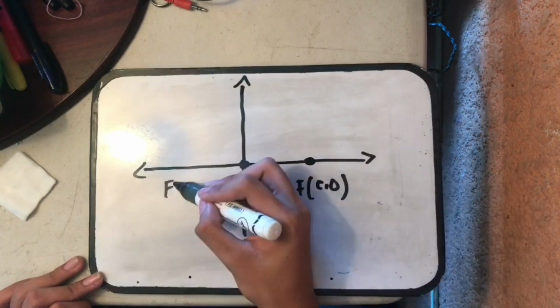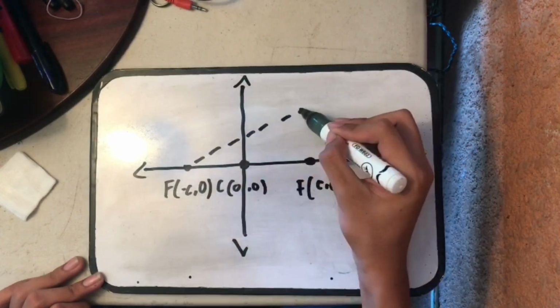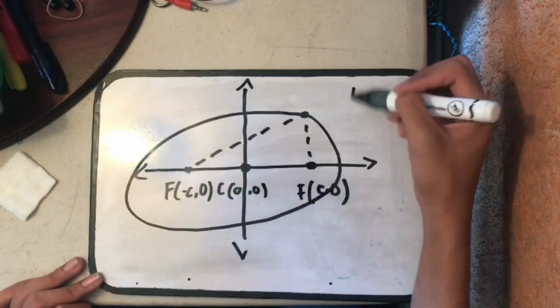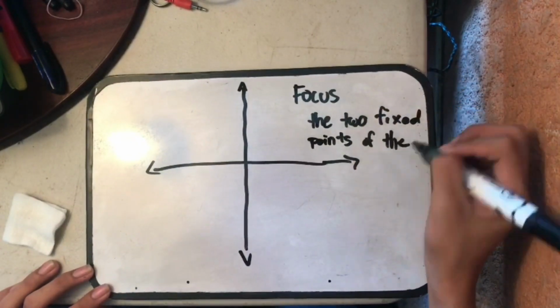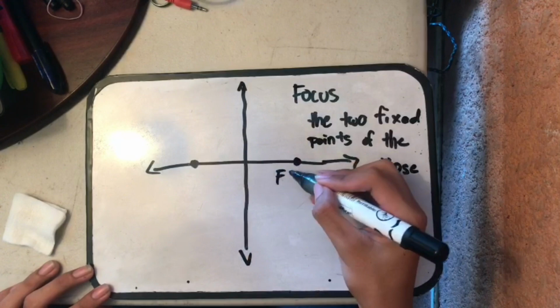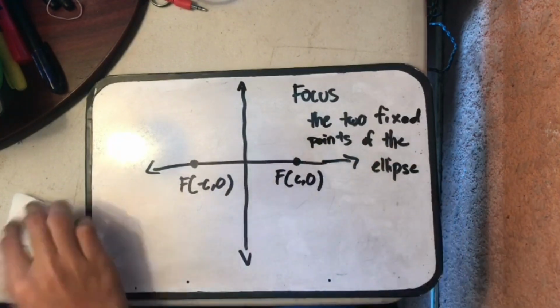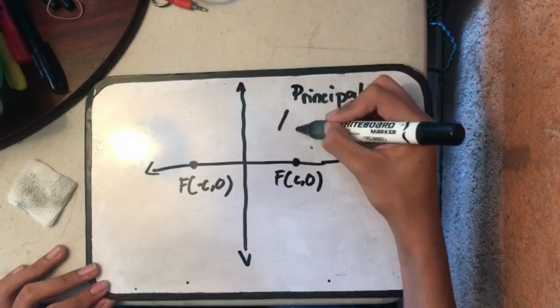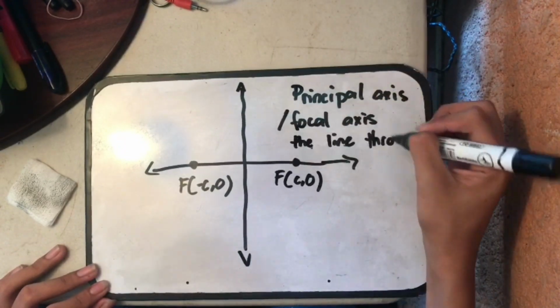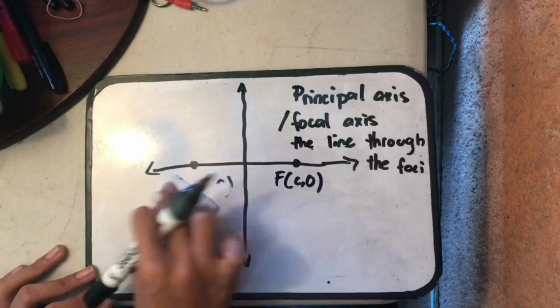Just like here, there are two focuses, or foci. Foci are the two fixed points of the ellipse. As you can see here, (c, 0) and (negative c, 0). Now, the principal axis, or focal axis, is the line through the foci.